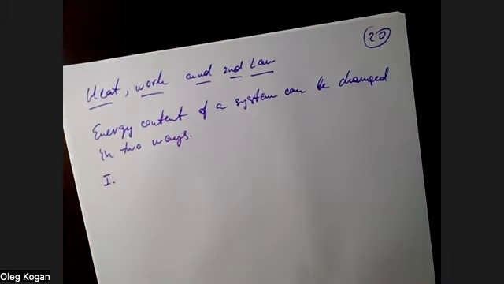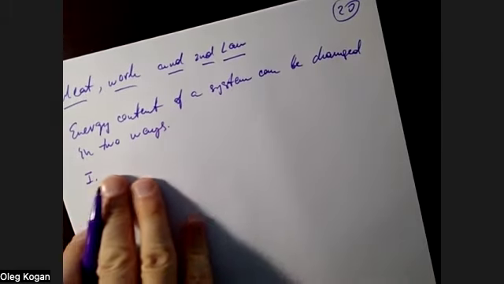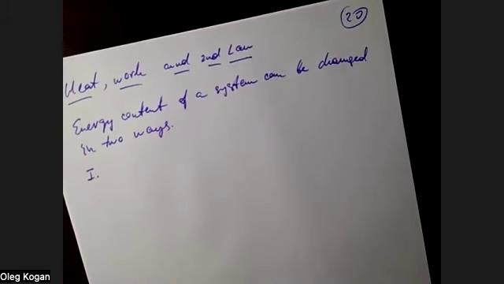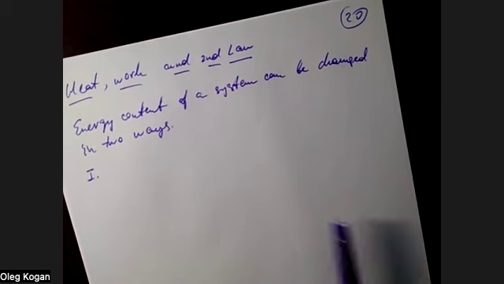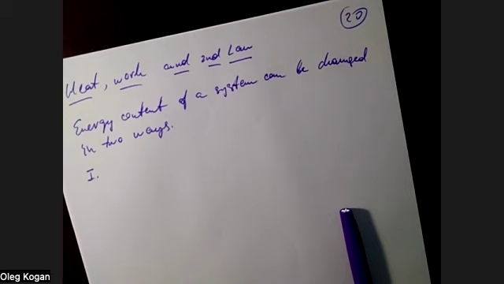In the first case, the energy content of a system can be changed while the external parameters, such as volume, length, magnetization, do not vary in time.